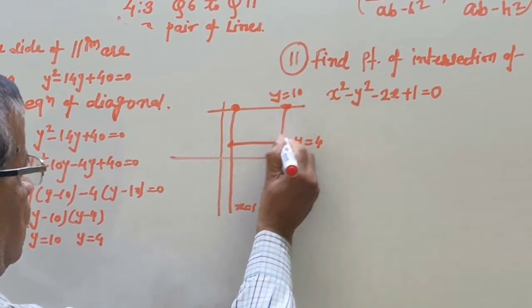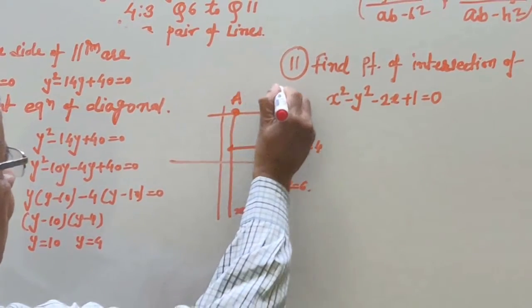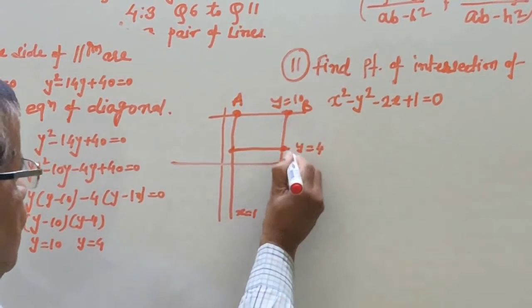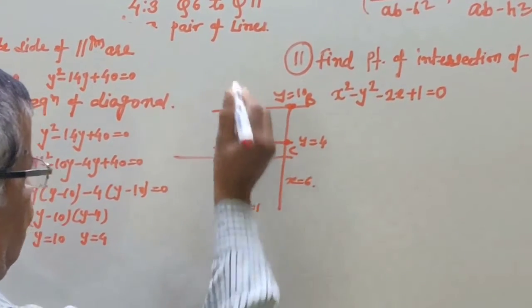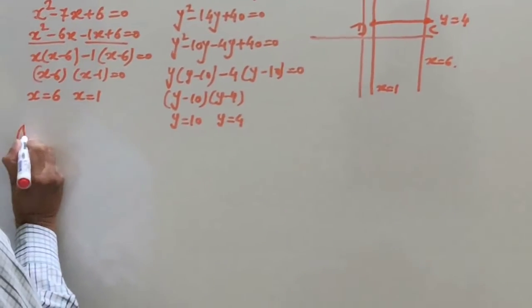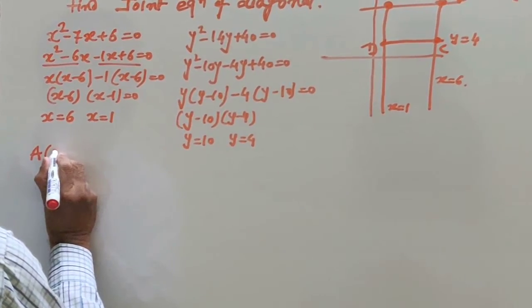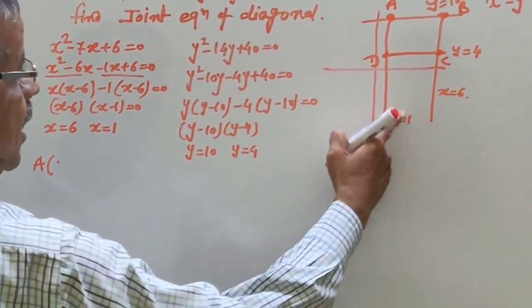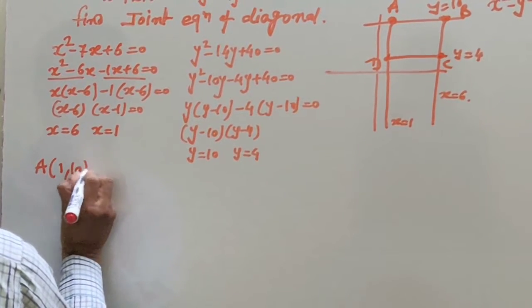What are the coordinates of these points? If I name them A, B, C and D, what are the coordinates of A? The x coordinate is 1 because it lies on this line, and y is equal to 10, so it is 1 and 10.